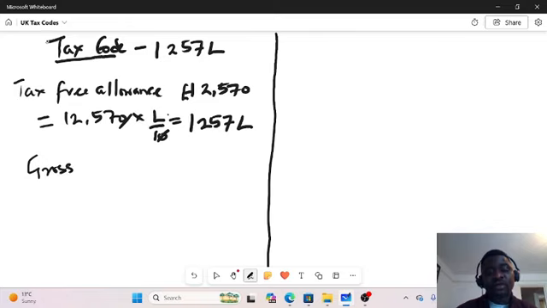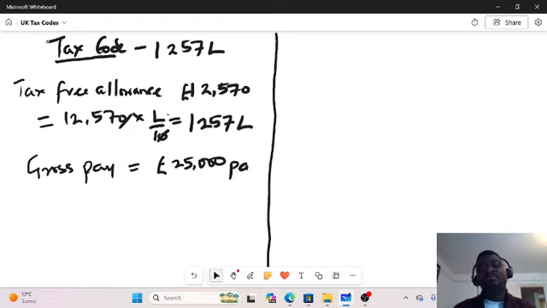So at the end of the month, let's assume your annual gross pay is £25,000 per annum, that is per year. HMRC will give this tax code of 1257L to your employer. Once they give this tax code, your employer will base the tax you'll be paying on the fact that you have a gross pay of 25,000.